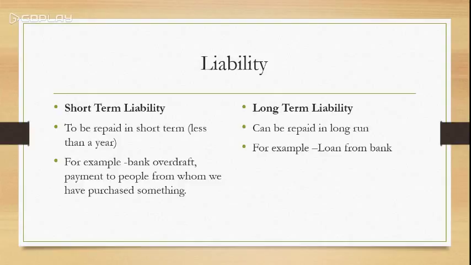For example, if a business has taken bank overdraft or it has to make payment to people from whom they have purchased something, and long-term liability is to be repaid in long run. For example, the loan taken from bank is repaid in couple of years. Hence, it is called long-term liability.